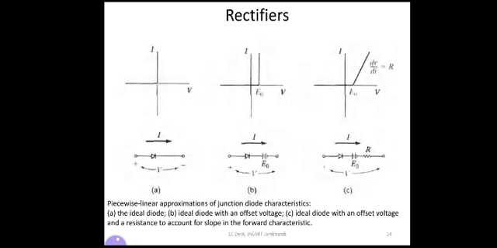As current can flow only in the forward direction through the diode, only the positive half cycle of the input sine wave is passed through the diode. So the output voltage is a half rectified sine wave, whereas the input sinusoid has zero average value.